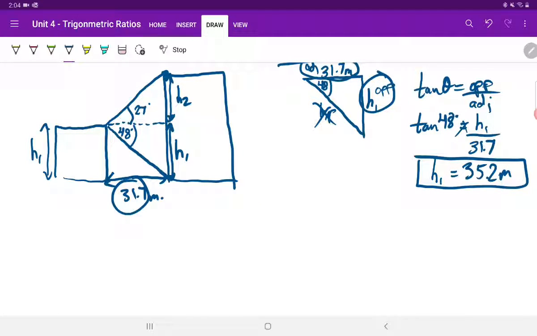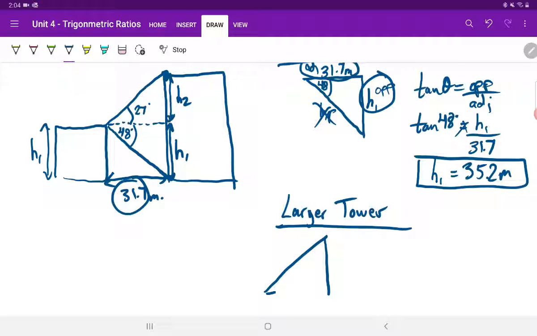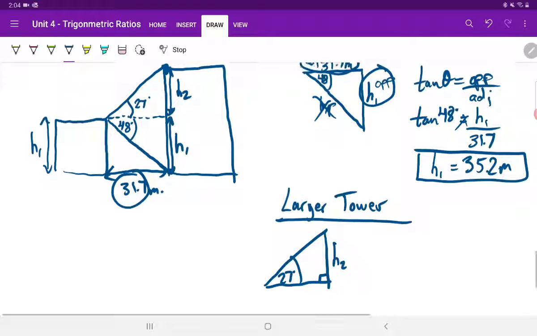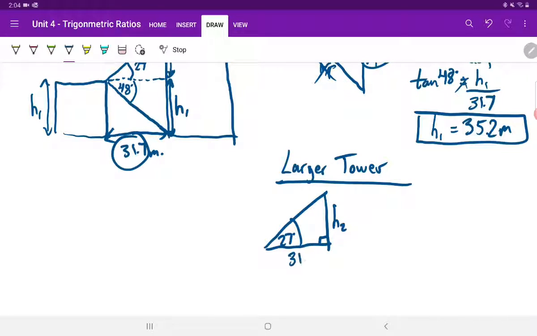So the larger tower. Draw your triangle. Always got to draw it, right? You got to label this out or you're going to make a simple mistake. Okay, same thing. Opposite and adjacent again.